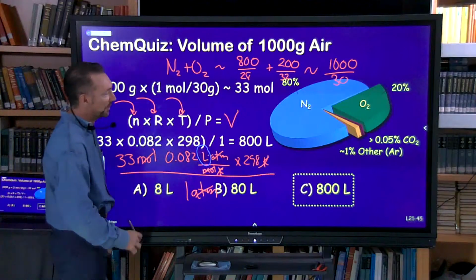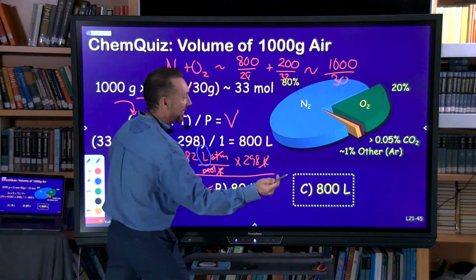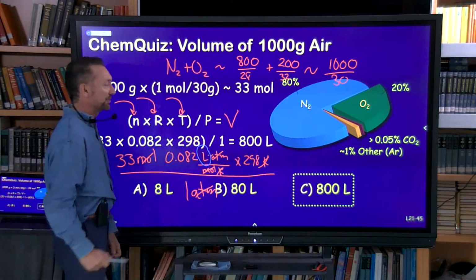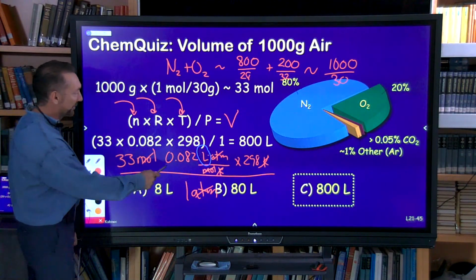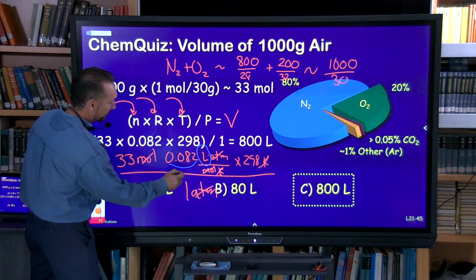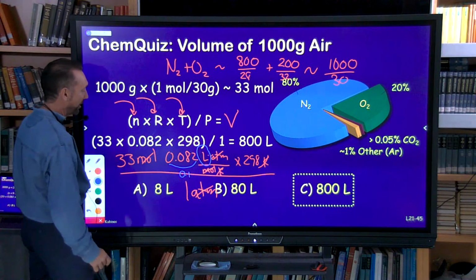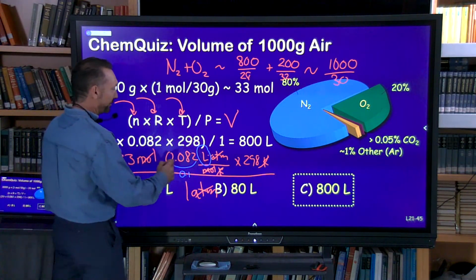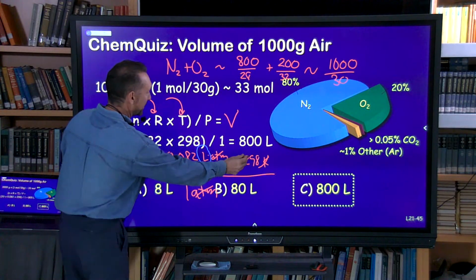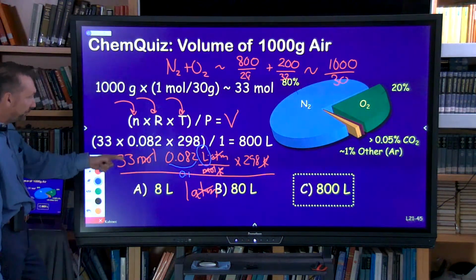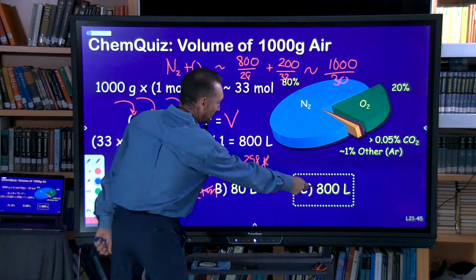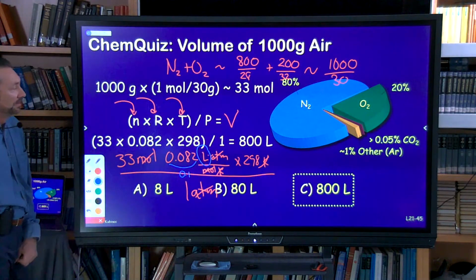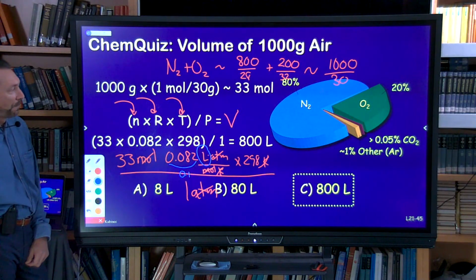That's a little too highfalutin, but that'll get you the liters, and that's about 800. And you don't even have to do the math here. This number is about 0.1, and 30 times 300, you need something like 1/10 of that. So that's going to be a big number. Okay.